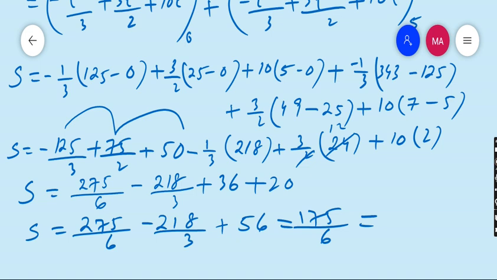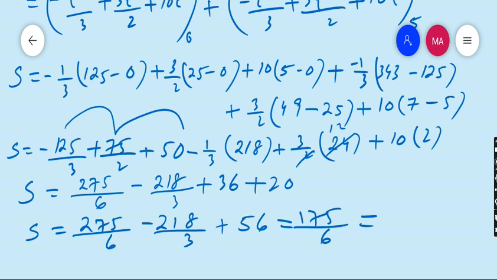One upon 3, 343 minus 125 is 218. 49 minus 25 is 24, 36, and 10 twos are 20. 275 upon 6 minus 218 upon 3 plus 36 plus 20.